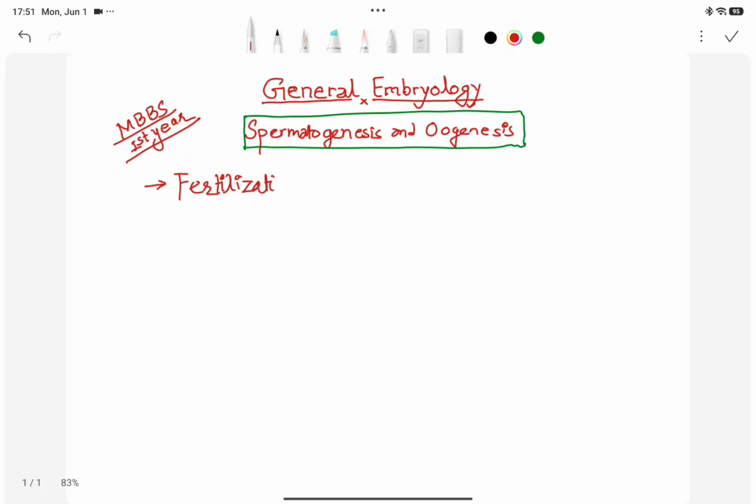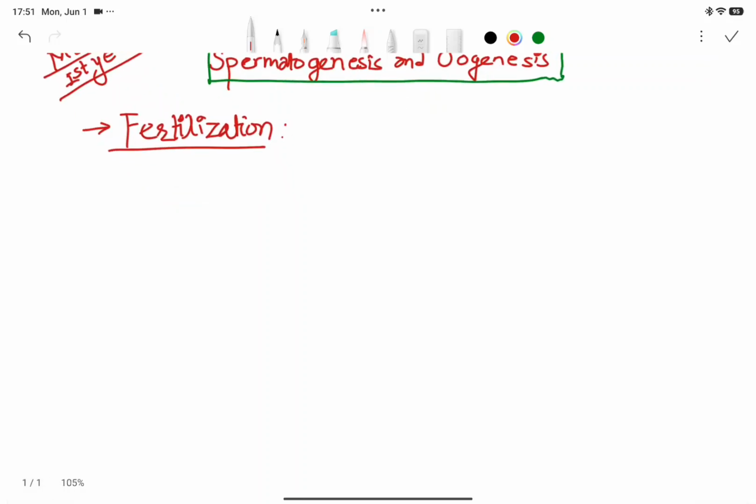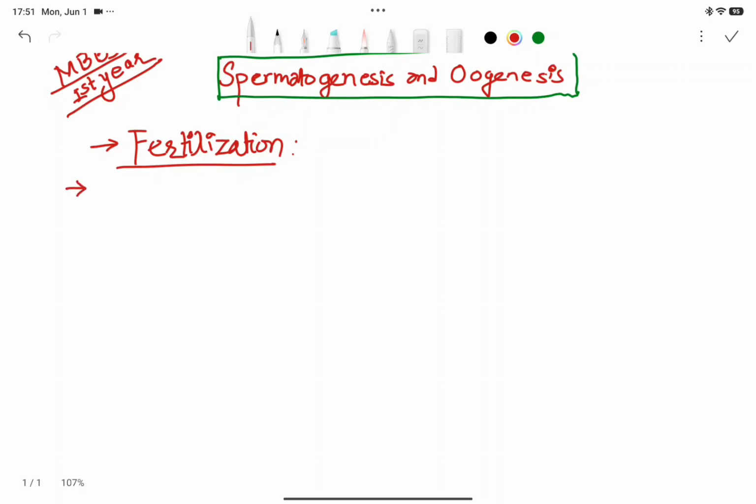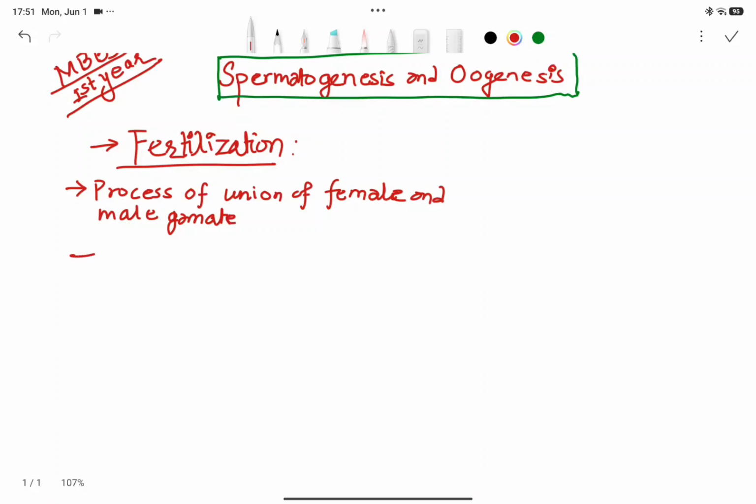So fertilization, starting with the definition: what is fertilization? It is the process of union of female and male gamete. It occurs in the ampulla region of the uterus.